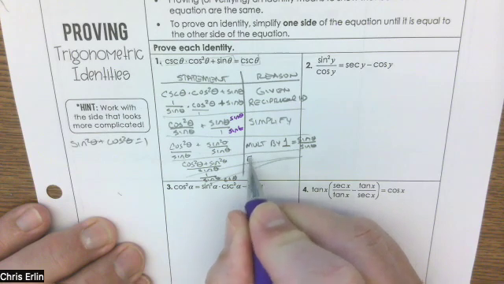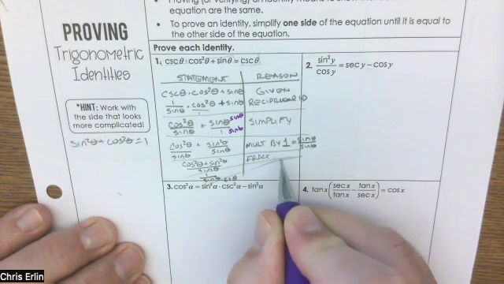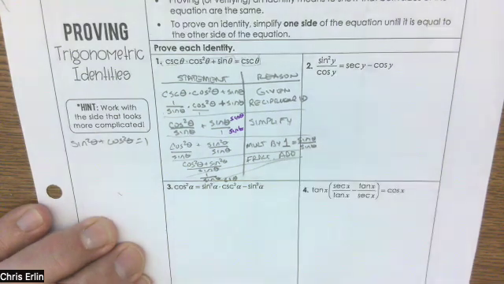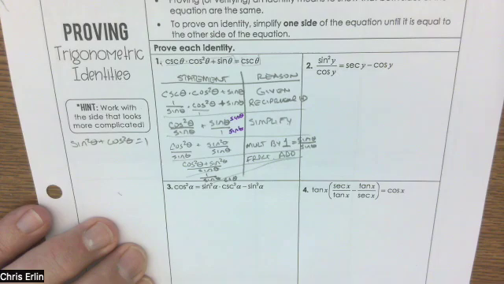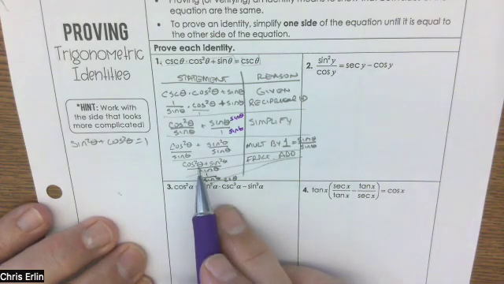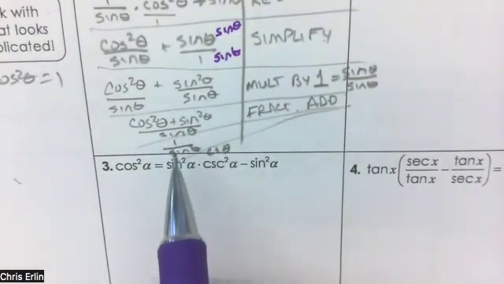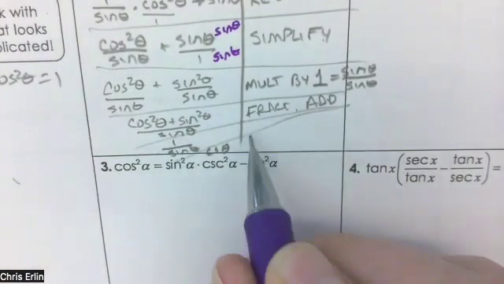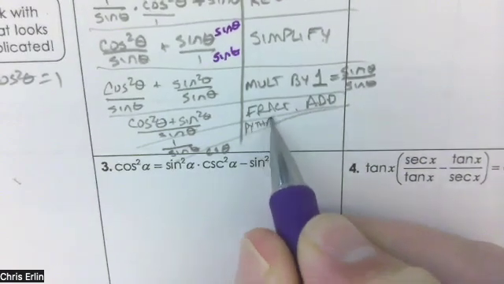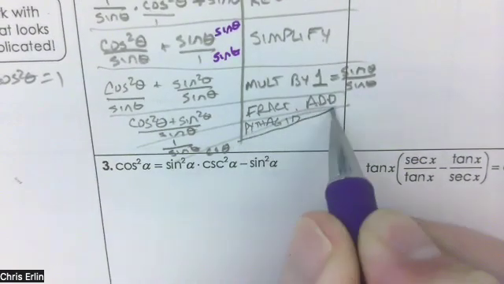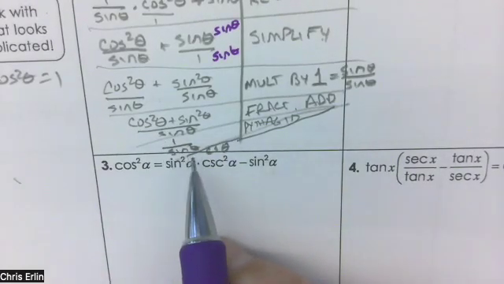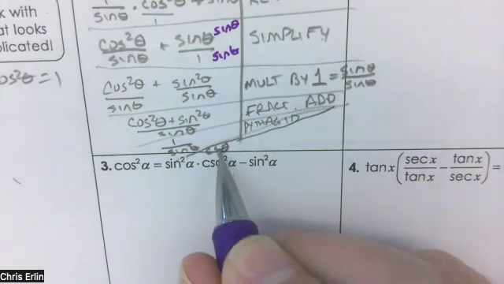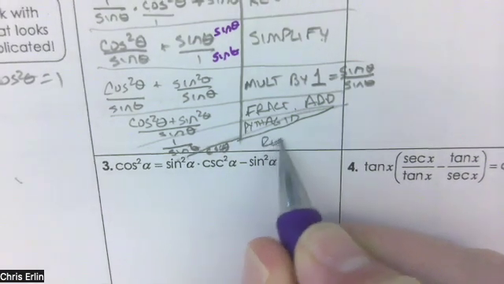I would just say fraction addition. It's adding fractions. That's the way you do it. And then I took cosine squared plus sine squared, and I changed that into 1. Good. And that left me with 1 over sine that I turned into cosecant. And that's called the reciprocal identity.